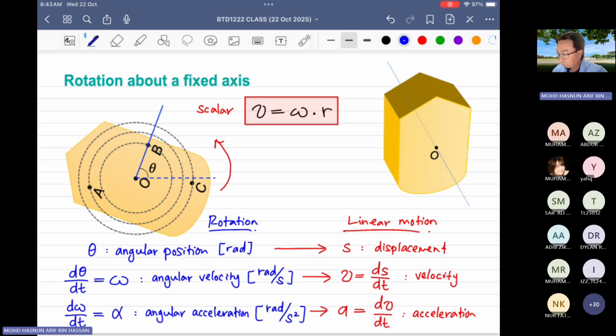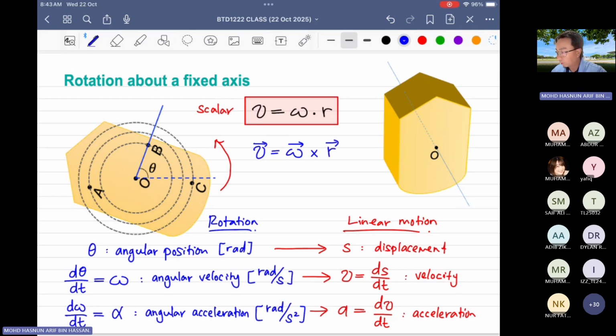So for vector, the equation will become v vector, the velocity of a point, later we will use the notation VA, VB, and so on, is equal to omega, another vector, cross product, R, which is the position vector.